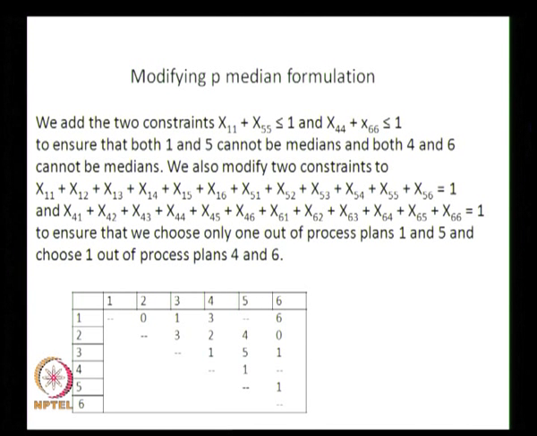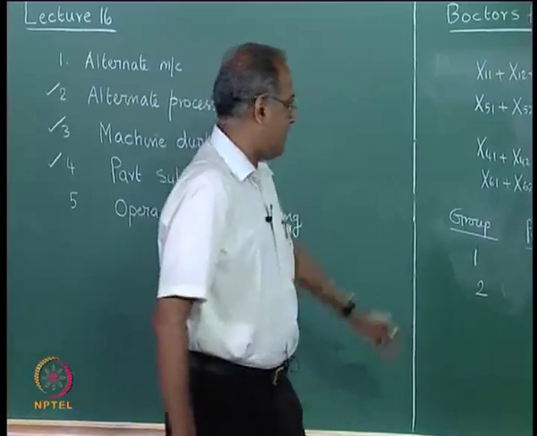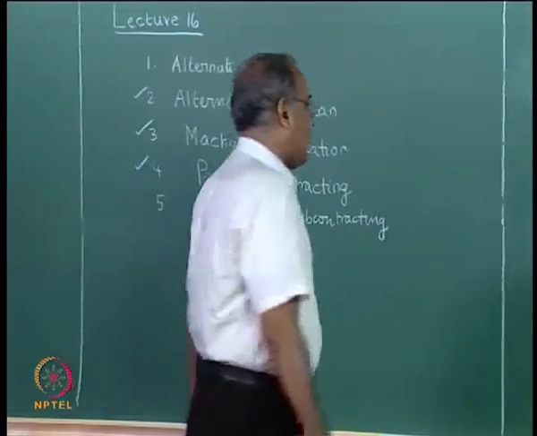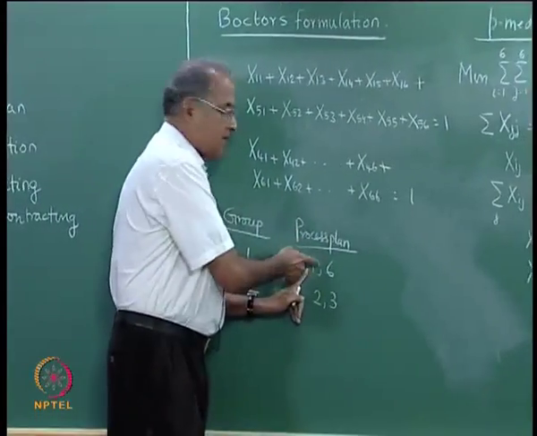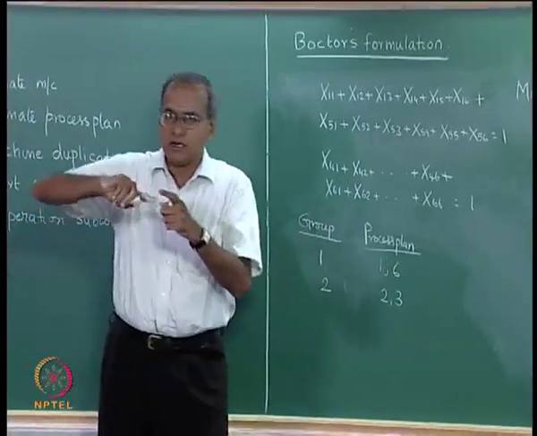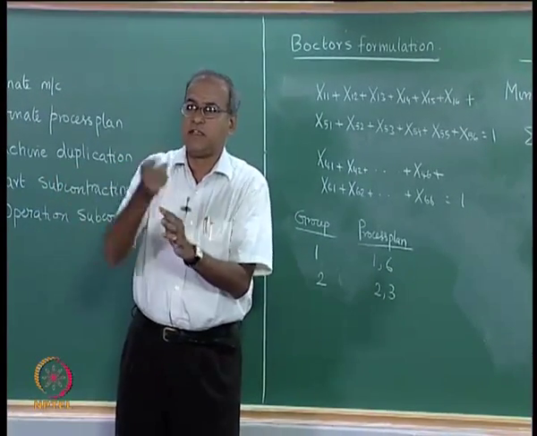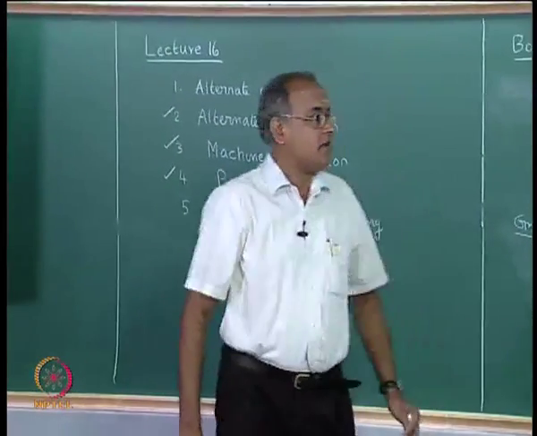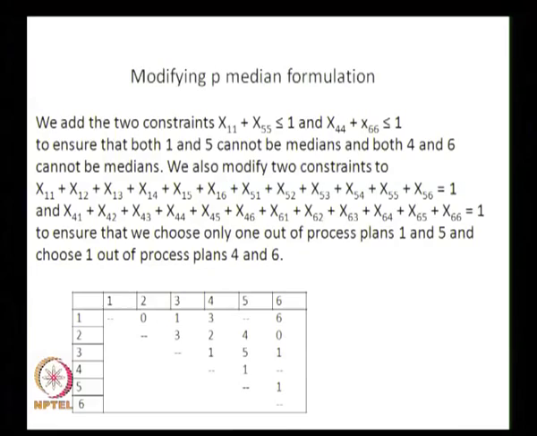Now, we know that 1 and 5 are alternate process plans, but we have chosen 1, therefore, we cannot choose 5. They are alternate process plans. We either use this or use that. We cannot have both. So, we will not look at the similarity coefficient of 5 between 3 and 5.